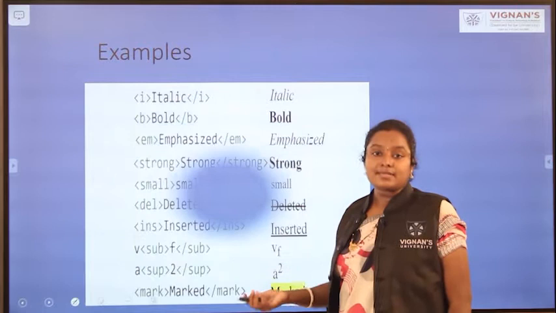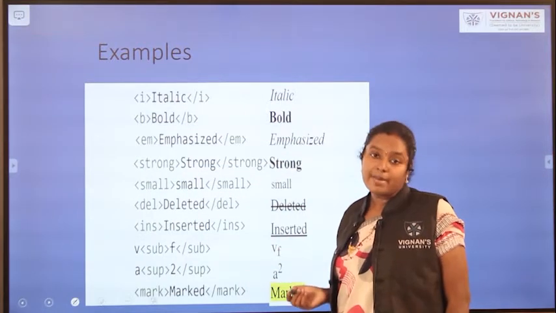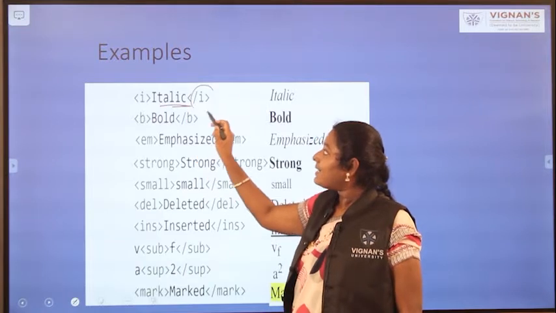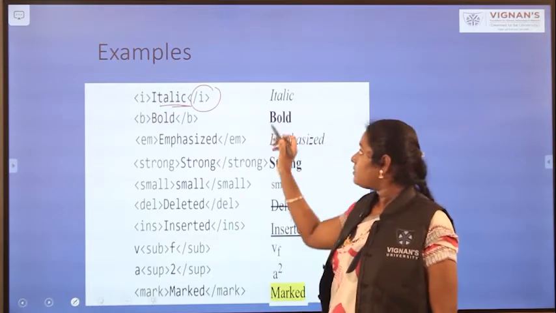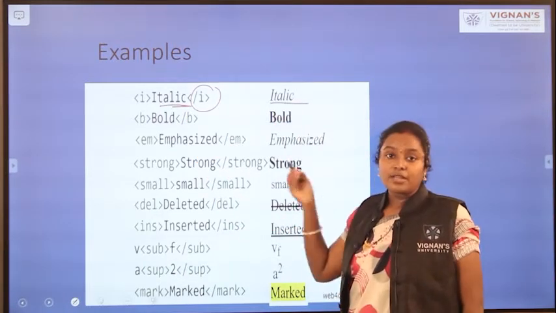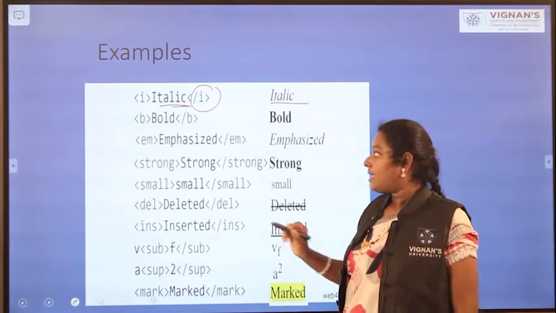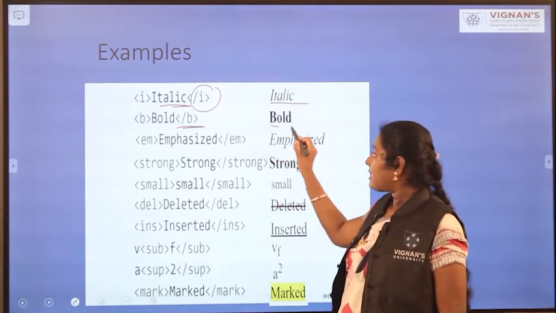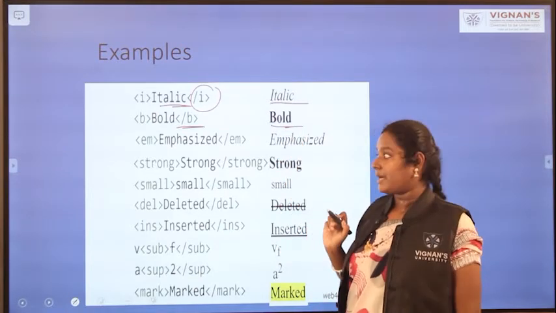Now some examples of these text formatting tags. If you write content inside the I tag, then the output is shown in the form of italic letters. Next, if you write the content inside the B tag, then the text will appear in bold format.